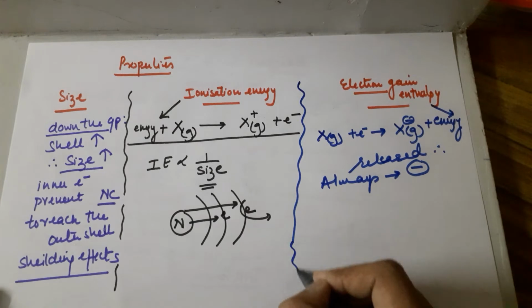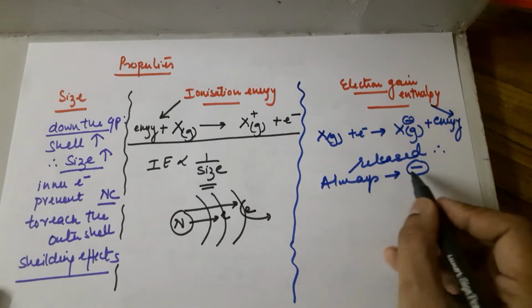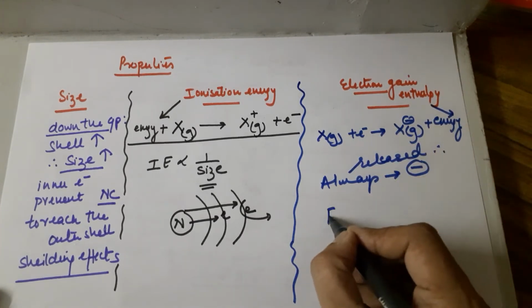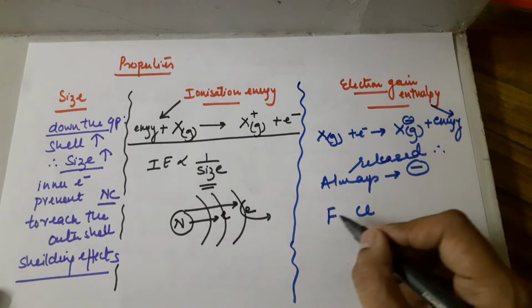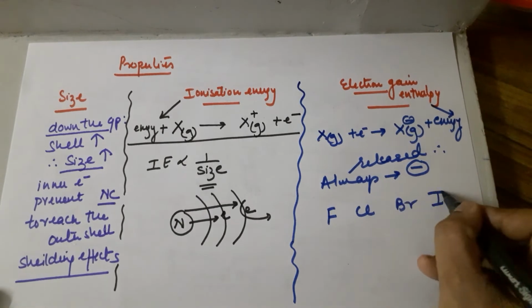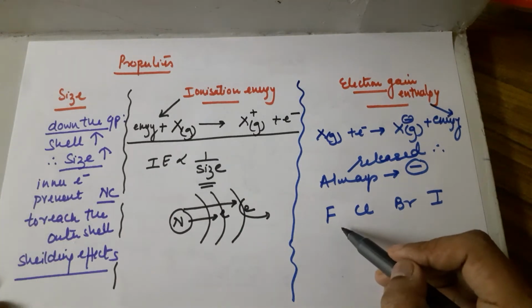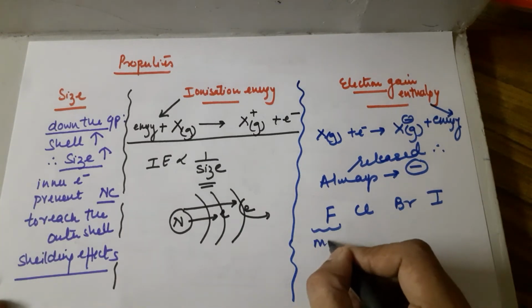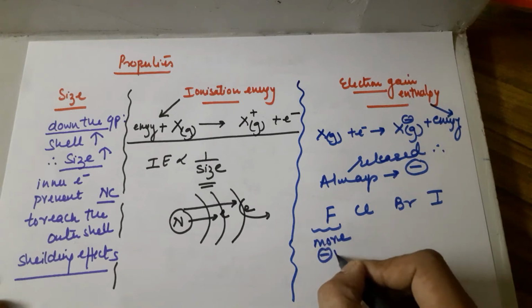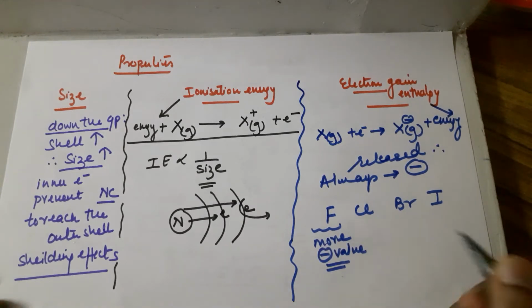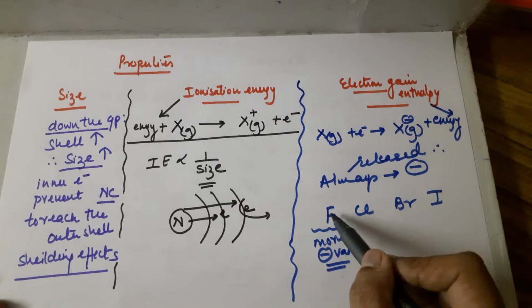What is a surprising fact is we expect that electron gain should be easier in fluorine because of its smaller size. Fluorine, chlorine, bromine and iodine. Out of these four, which should gain electron easily? Fluorine. So we expect this to have a more negative value, and so the electron gain should be easiest in this case.